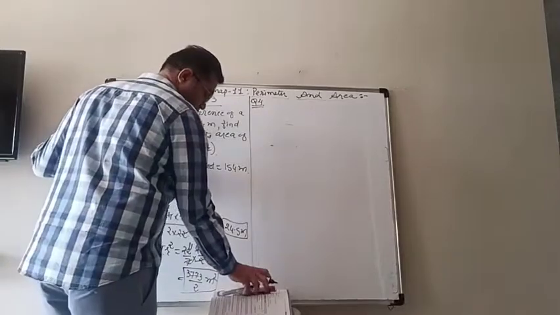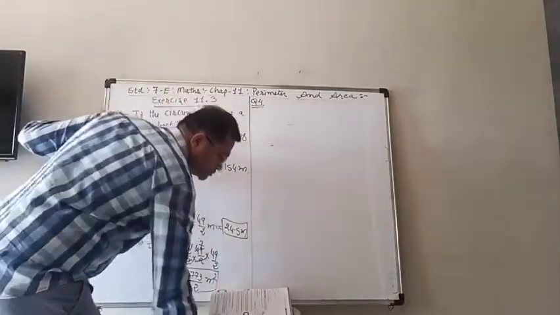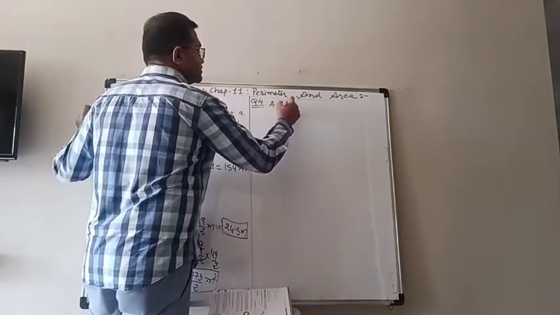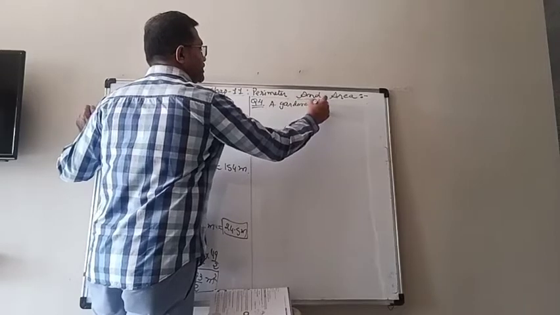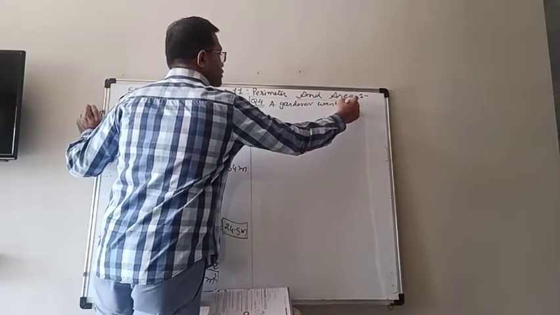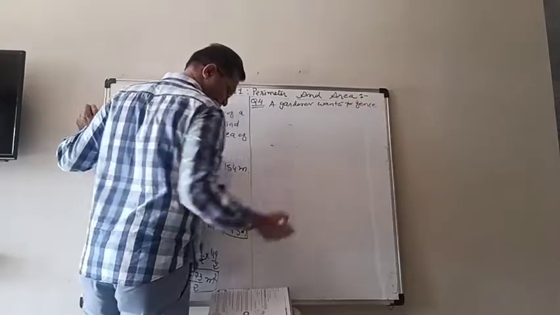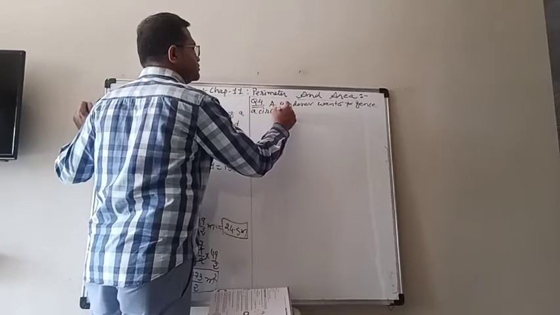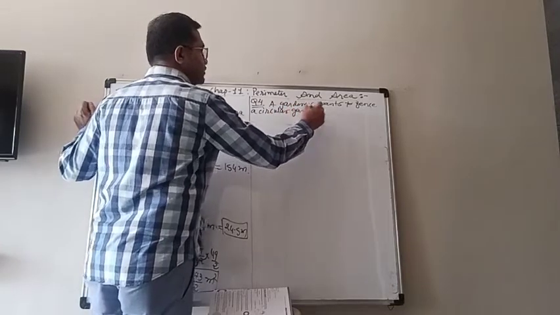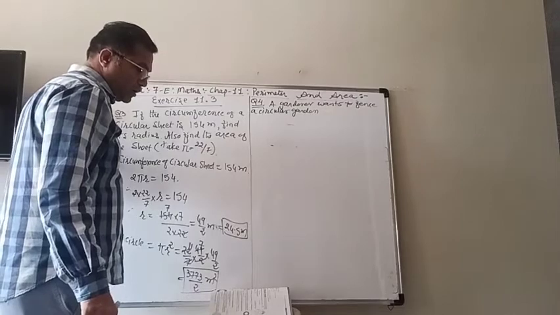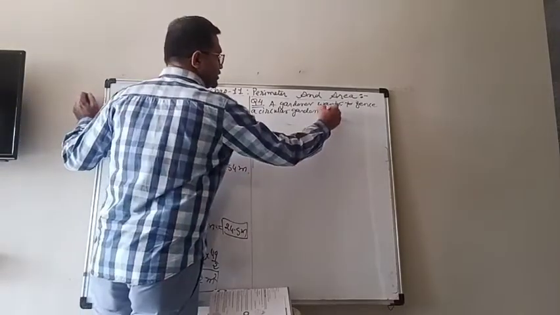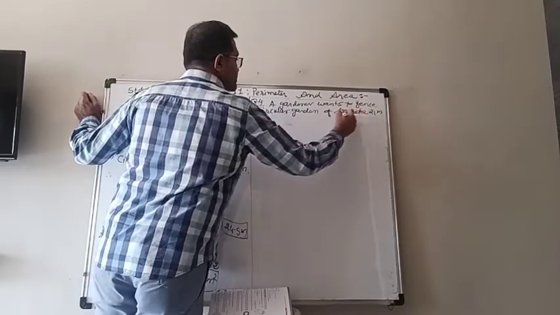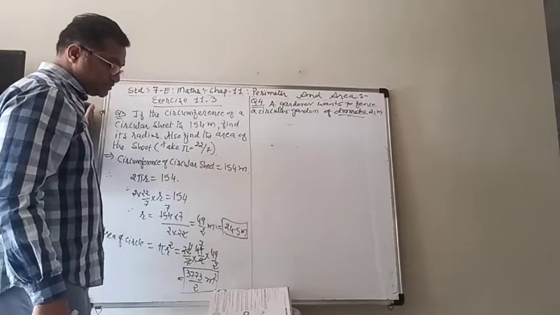Question number 4. What is given in question 4? Here a gardener wants to fence a circular garden of diameter 21 meter. So we remember that here diameter is given.